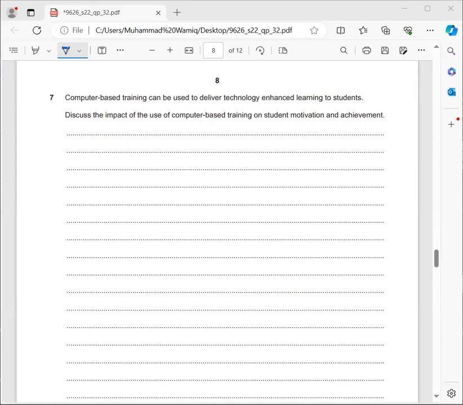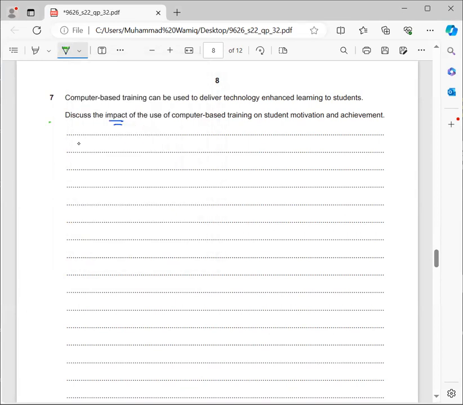So this is about discussion. That means that you need to write about the issues of the topic in a structured way. So you also need to write the positive impacts and the negative impacts as well, because this is about the impact. And right here, we need to focus on the computer-based training.